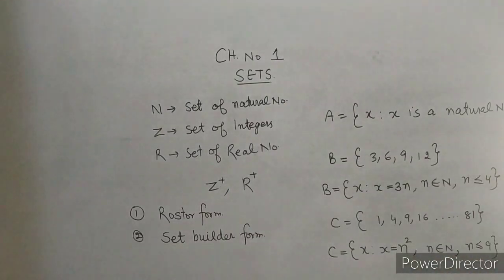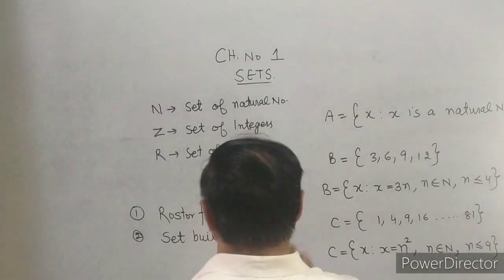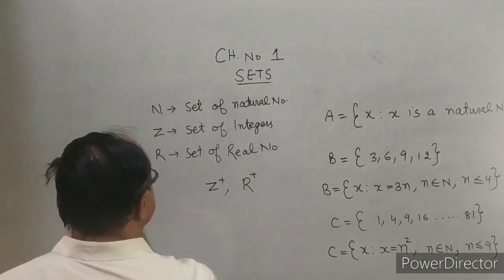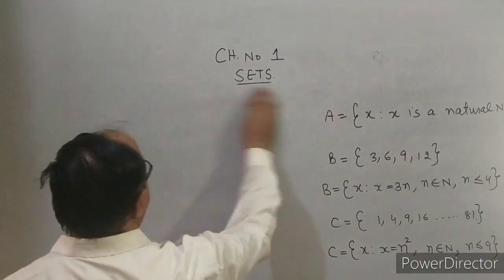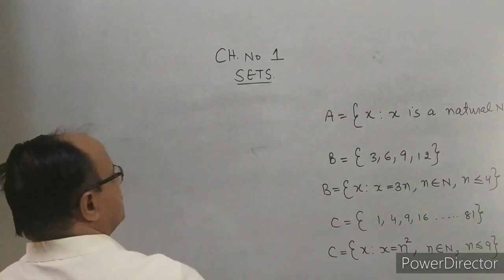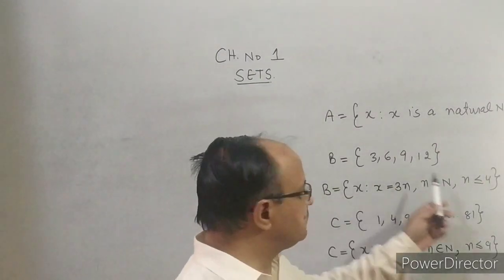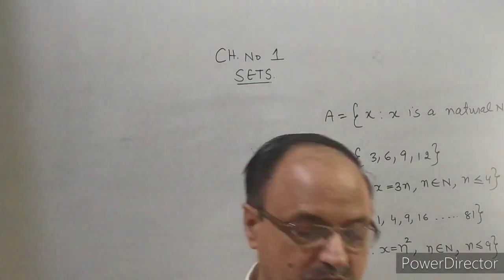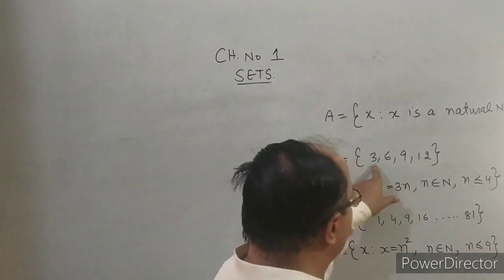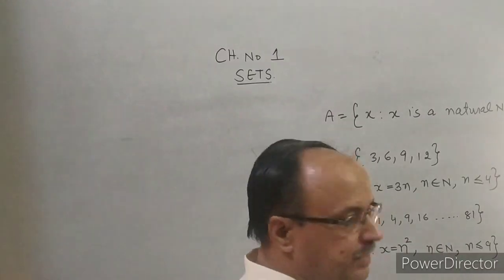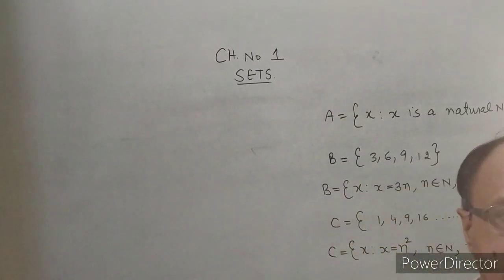And next, the element of sets. The list of elements in the roster form is immaterial. It means you can write the digits in any order.